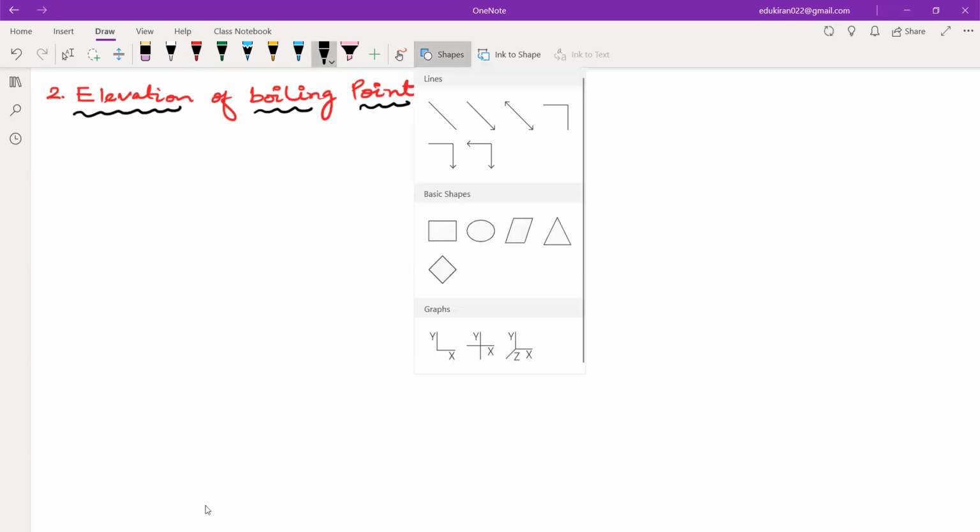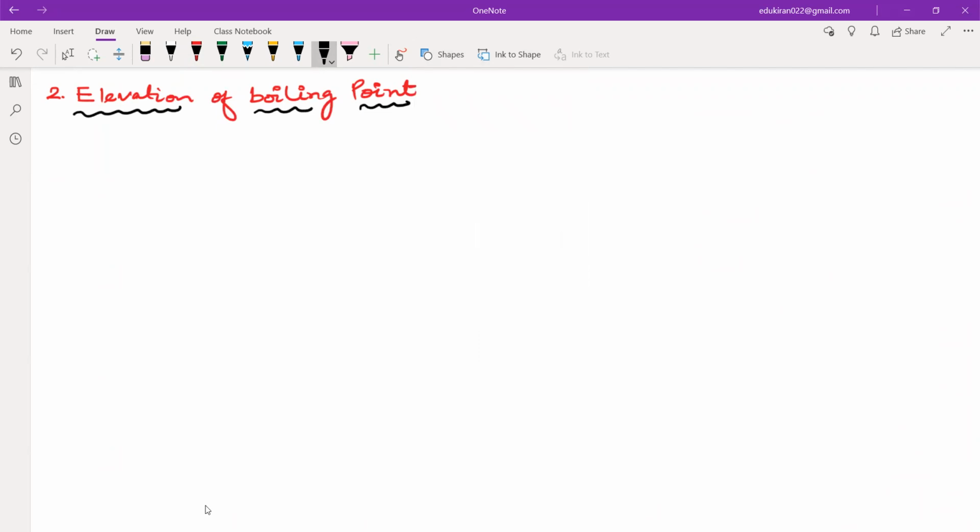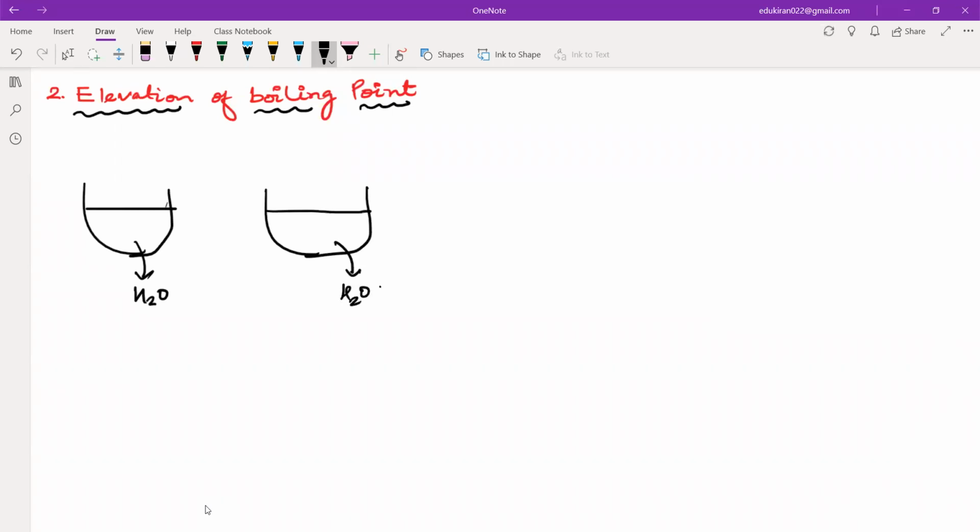Please don't write here. Please listen. In this case, we have pure H2O. And here what have we added? H2O plus glucose. ठीक है, we are not doing anything. Everything is simple.